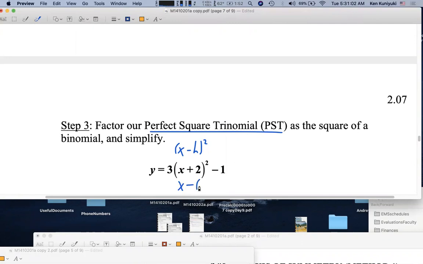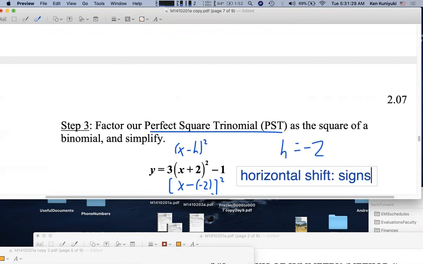It's x minus negative 2. And all that's getting squared. So h is actually negative 2. You actually have to flip the sign. Remember, the sign is surprising. x plus 2, you might think you're moving right by 2 units. No, no, no. Remember, sign surprise when it comes to horizontal shifting.